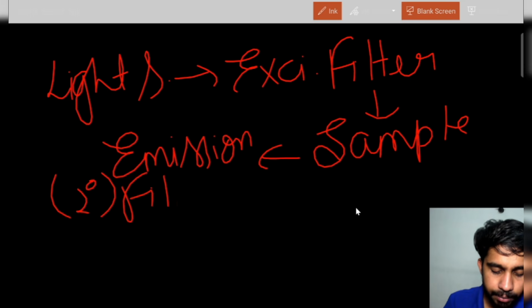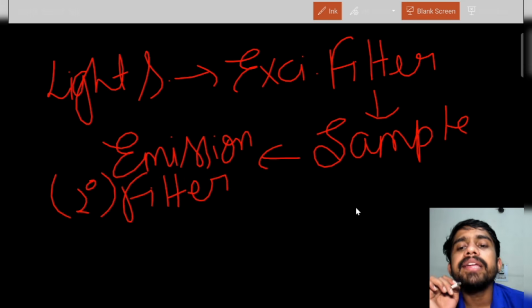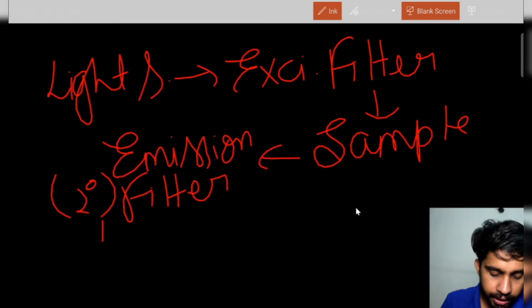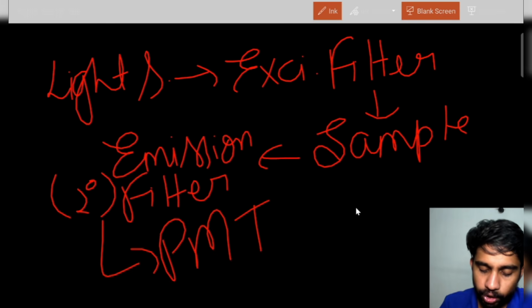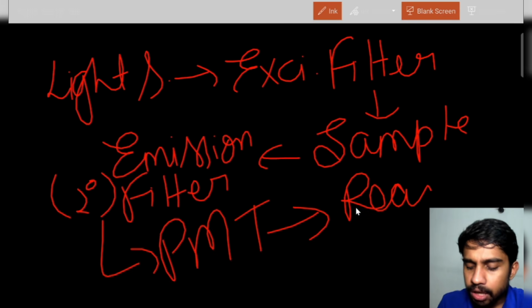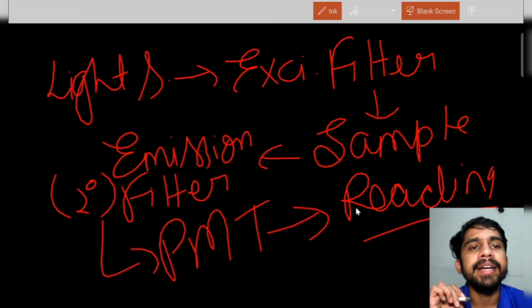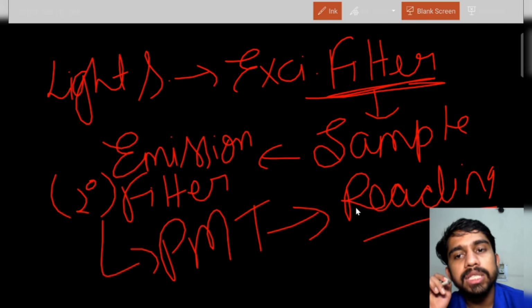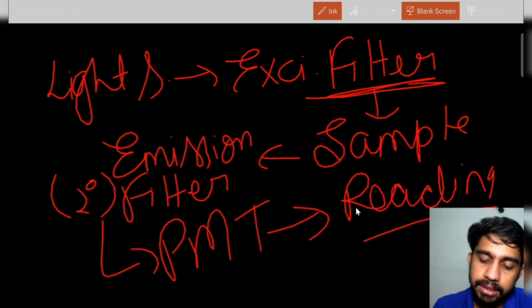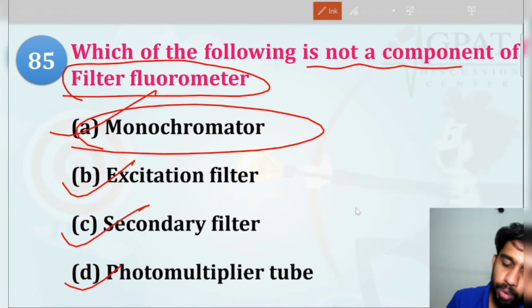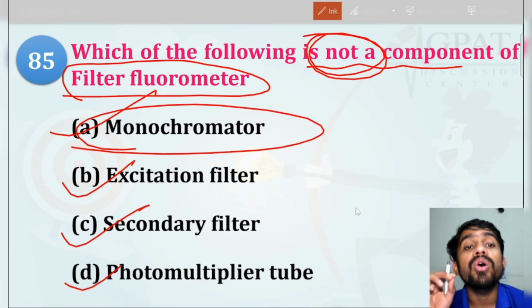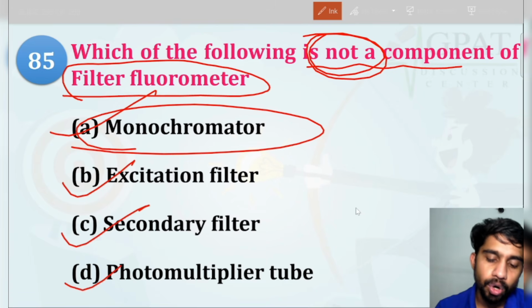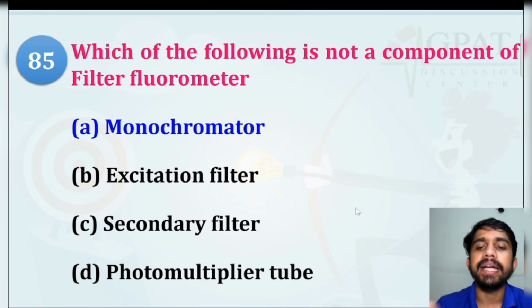And after that there is your photomultiplier tube, then we get the reading. But we are not using the monochromator. We are using the filters here. So the correct answer for this question will be monochromator, because they have asked which of the following is not a component. So option number A is the right answer.